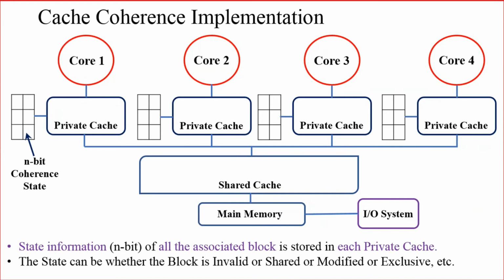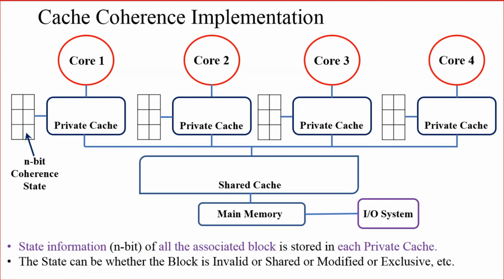How the states are changing, for example when a core is reading from a block which is in invalid state, what state change will happen, we will see in the coherence protocol design class in the next one or two classes. So now you understand that each private cache has its own table which holds the coherent state of each separate block present in the private cache. That is n-bit state information. With a three-state coherence design, three states will be there.